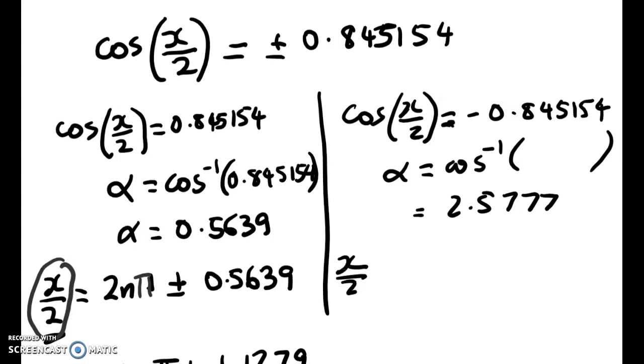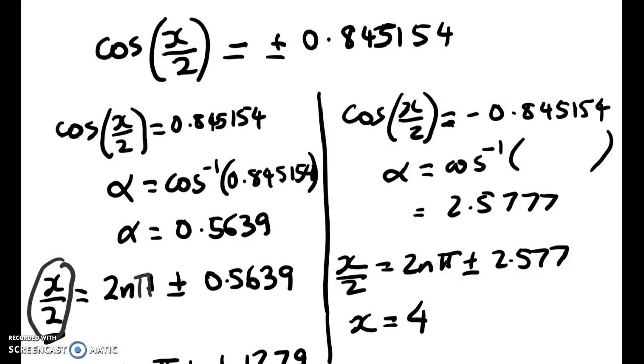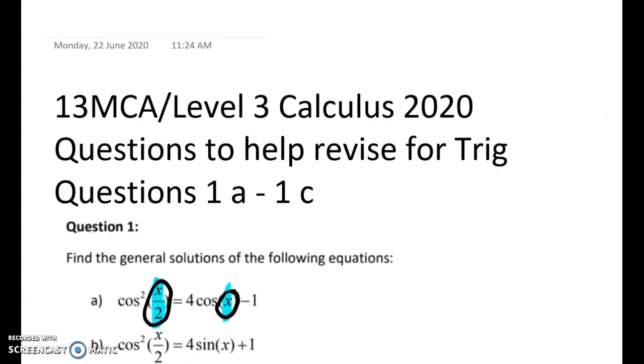So x on 2 is equal to 2n pi plus or minus that. And as before, we get x equals 4n pi plus or minus 5.1553. Now if we were asked to go on and find all of the values between, say, 0 and 4 pi, we'd start substituting in values for n. But we're not going to do that here. Let's look at the next one.